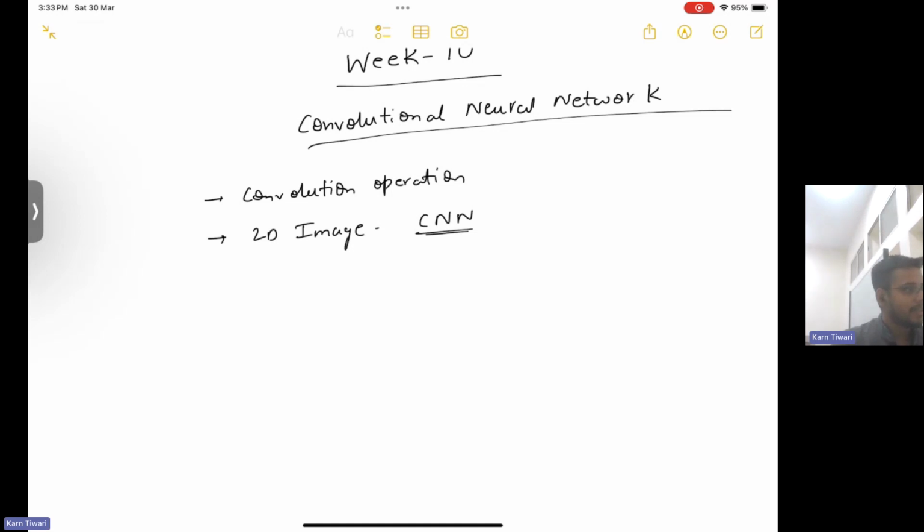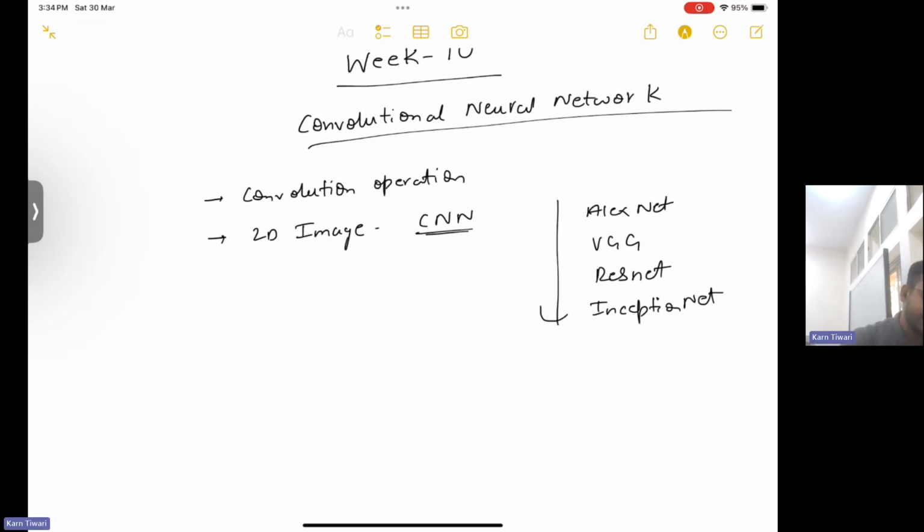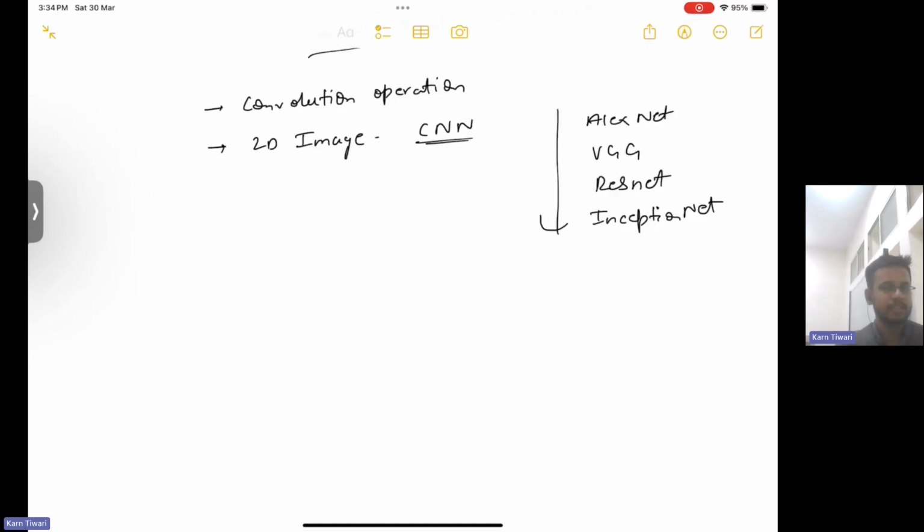Then it's mainly about techniques, for example, max pooling, mean pooling, weight sharing, and different kinds of architectures like AlexNet, VGG, ResNet, Inception Net. These are different architectures from different research groups. Okay. And finally, some techniques to visualize the filters and all.